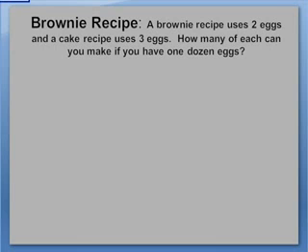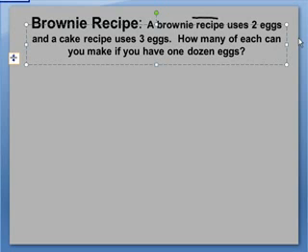Let's take a look at a simple application of this. We have a brownie recipe that uses 2 eggs for every batch, and a cake recipe that uses 3 eggs. And we want to know how many of each we can make if we only have a dozen eggs altogether. Let's say the number of brownie recipes is going to be our x, and the number of cake recipes that we make is going to be the y.